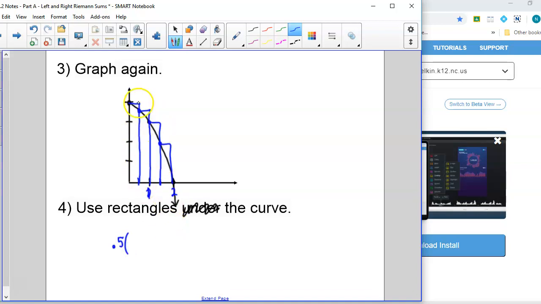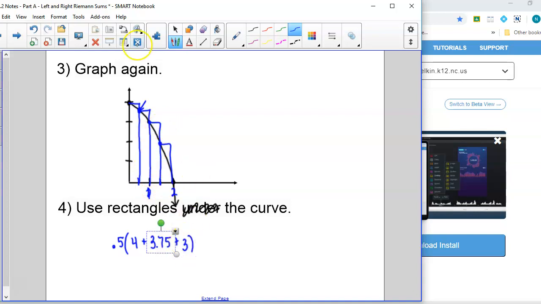And the height of that first rectangle would be 4. The height of the next one is going to be 3.75. That's the same value we had for our first rectangle on the other one because the height is the y-coordinate of this point right here. So it would be 3.75. And then the height of this one would be 3.